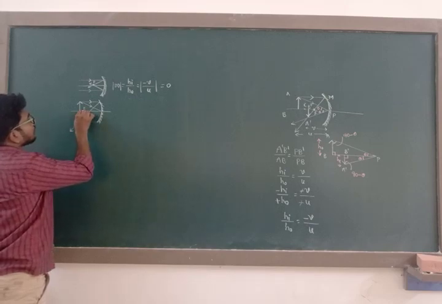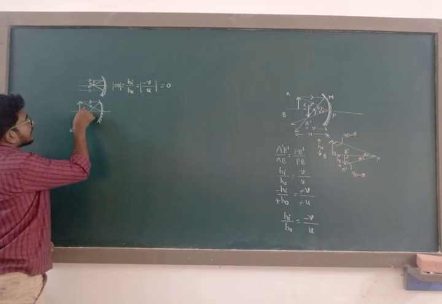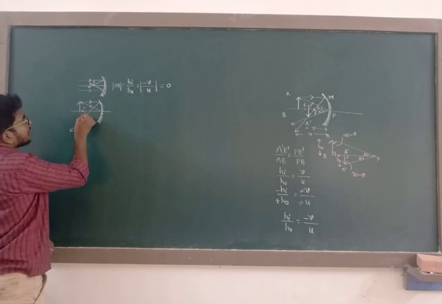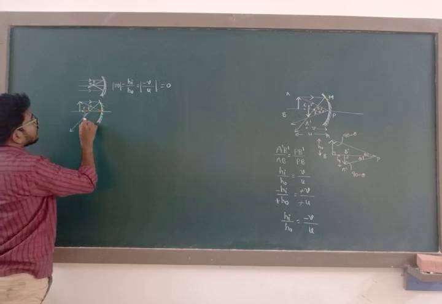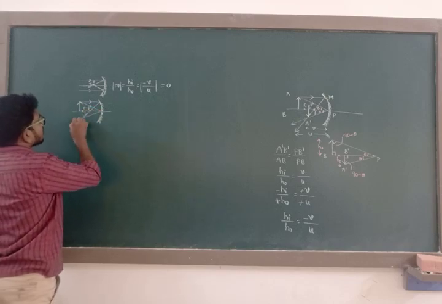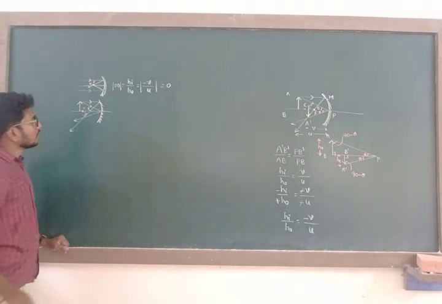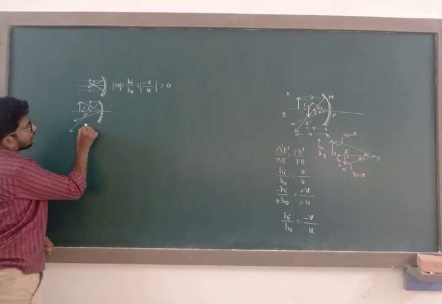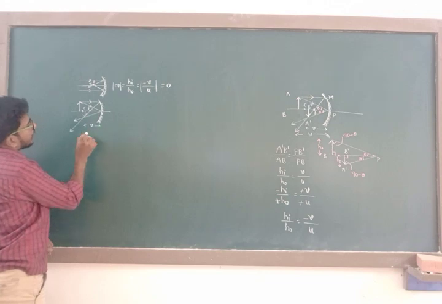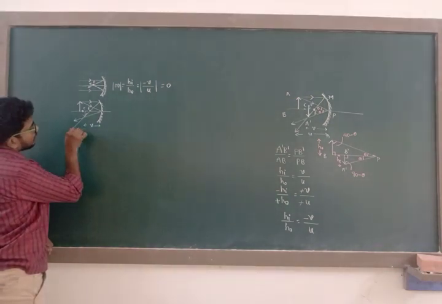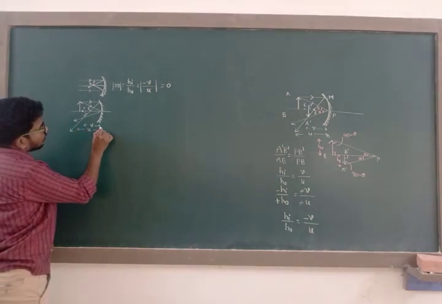When the object lies beyond the center of curvature, then its image lies between the center of curvature and principal focus. So this is our image distance v, and this one is object distance u.